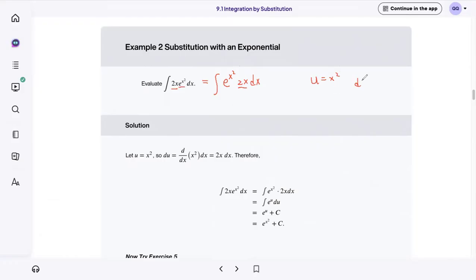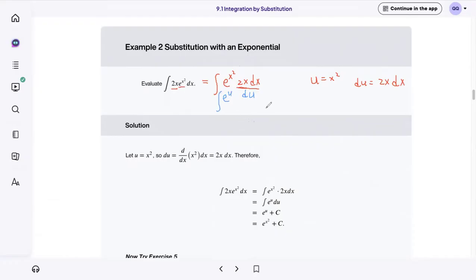Then du equals 2x dx. So this is our du, and this one we can write as e raised to u.